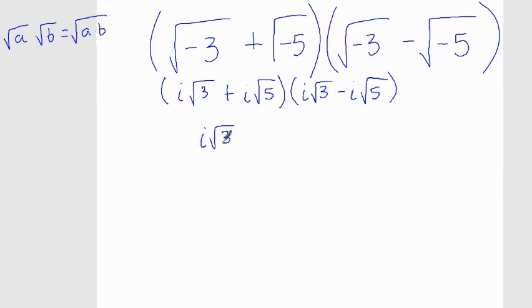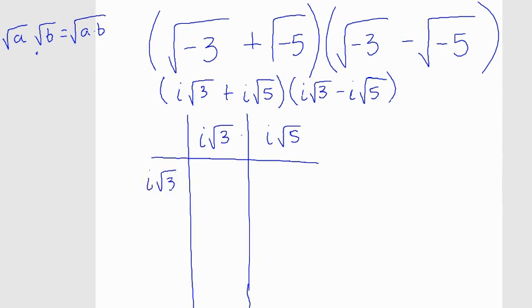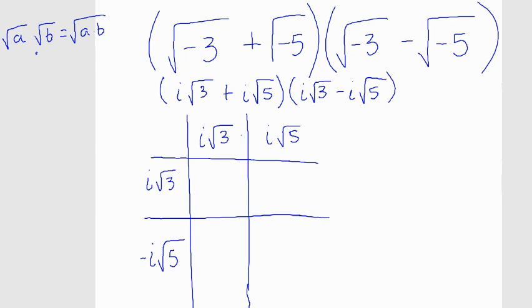i root 3 column, i root 5, and i root 3 and negative i root 5. Now we get a good look into this property over here. Why does it only work for positive integers? Well, let's get our answer and take a look at why.